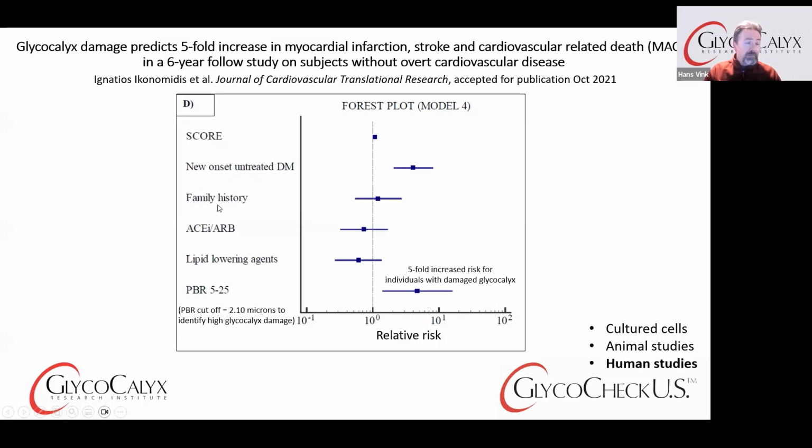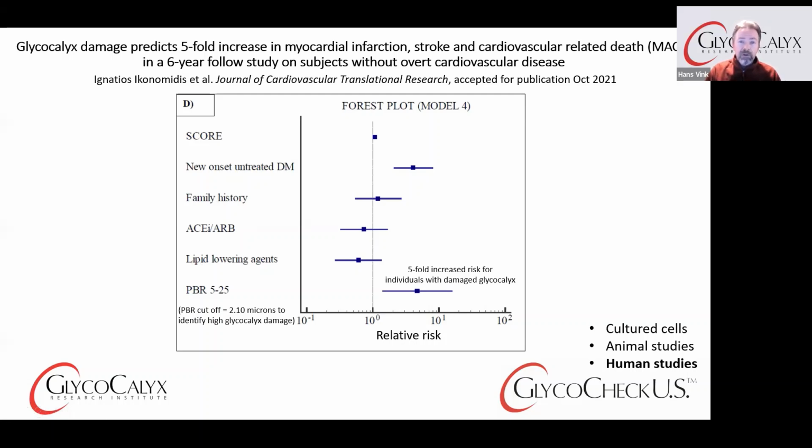Now, to put this in perspective, if you compare that by knowing that you're diabetic or that you have a family history of heart attacks, or are using medication against hypertension or medication to lower cholesterol, having a compromised glycocalyx is a much better predictor than all these other risk factors combined, whether you get a heart attack.